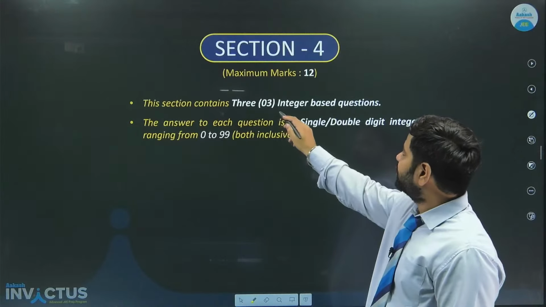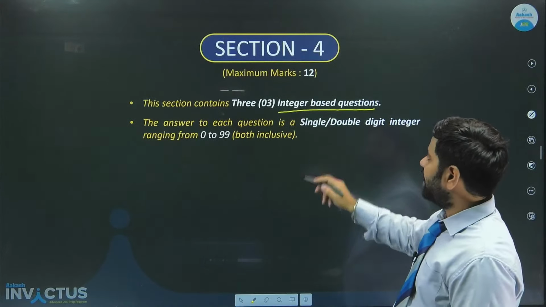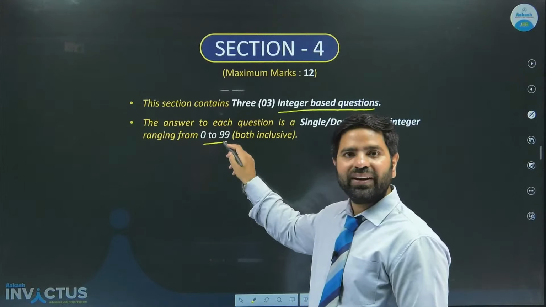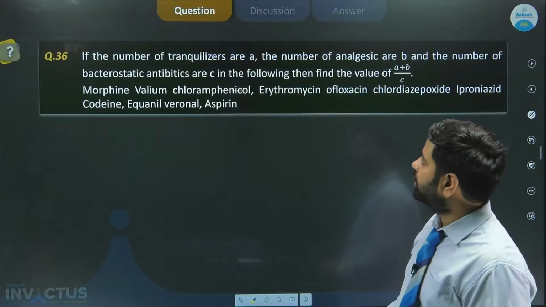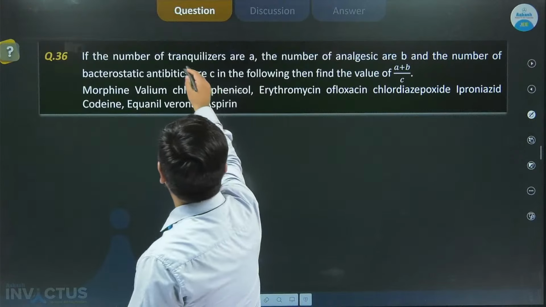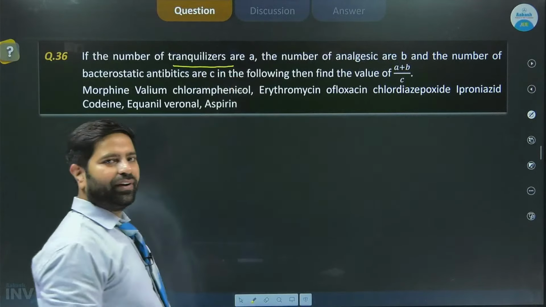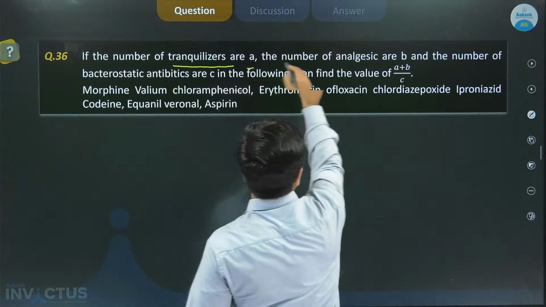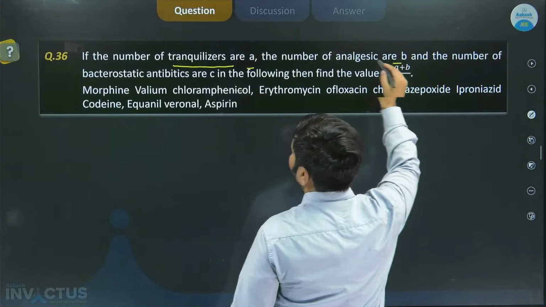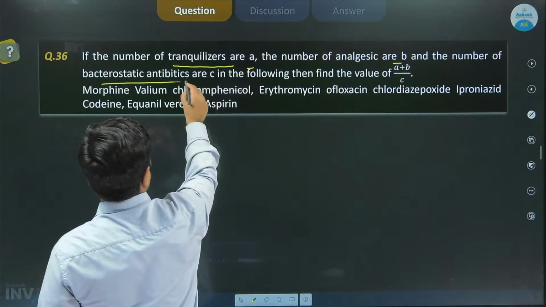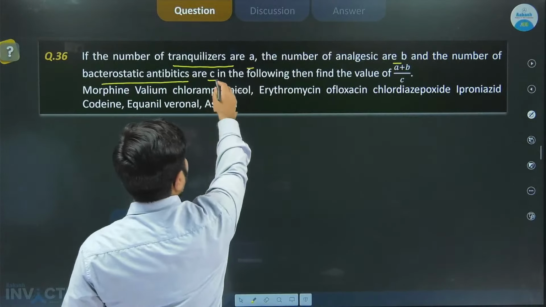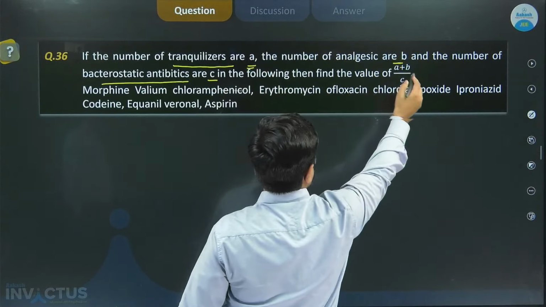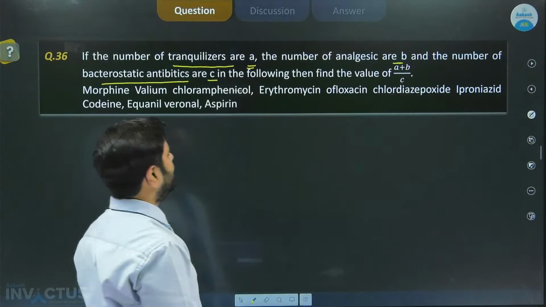this section contains 3 integer based questions and answer would be ranging from 0 to 99. If the number of tranquilizers, chemistry in everyday life question, very factual question, and number of analgesic and number of bacteriostatic antibiotics are C, A and B, the value of A plus B by C you have to calculate.